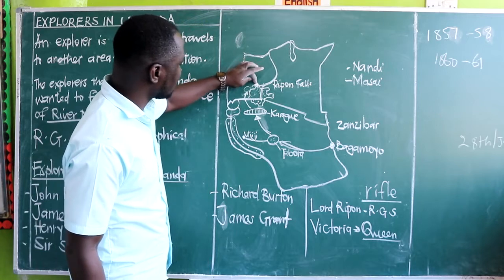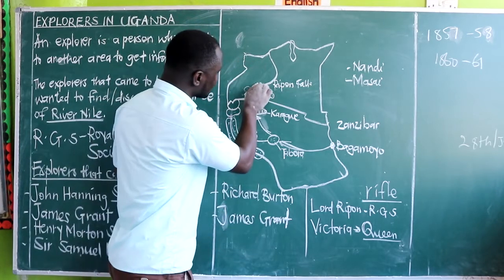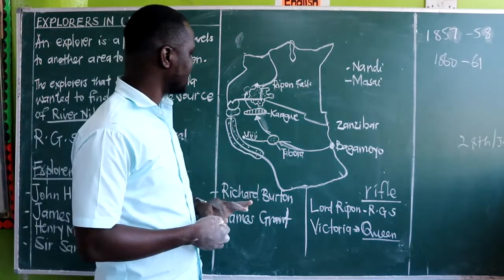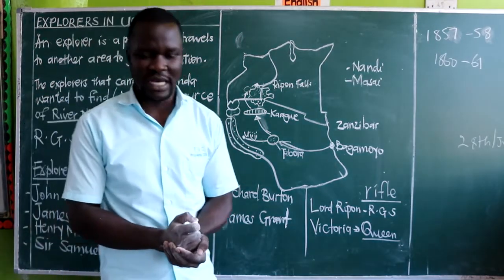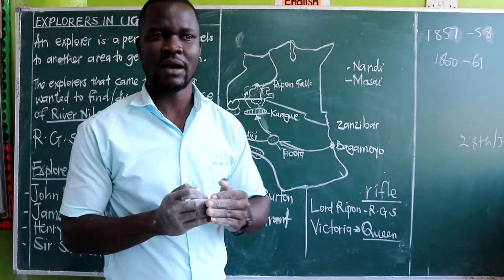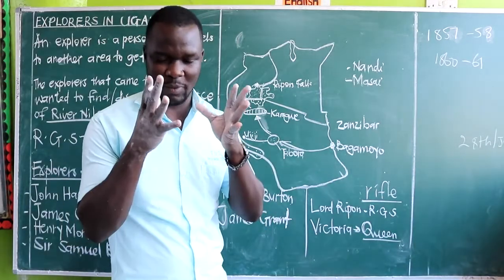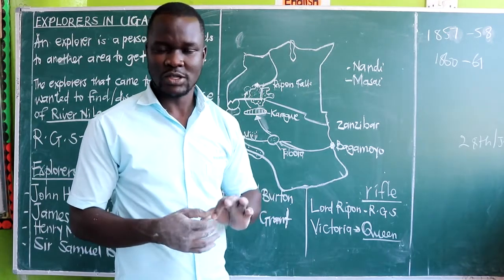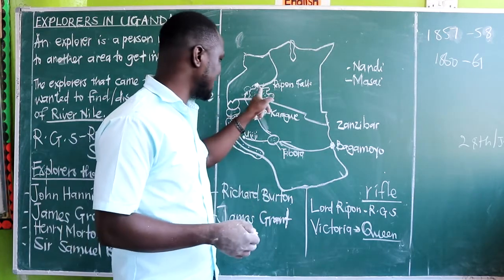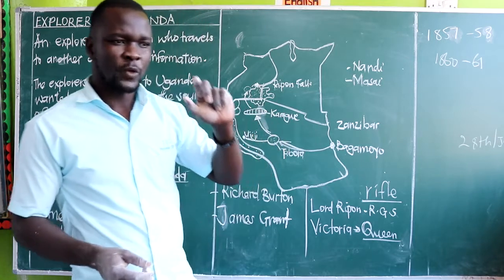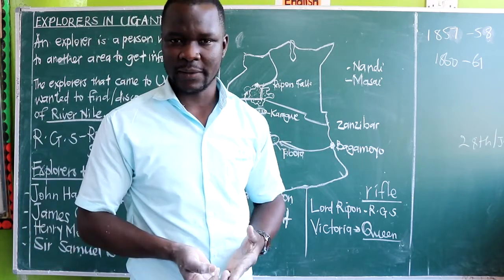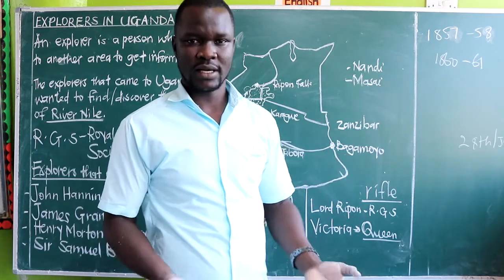Therefore, we have Speke reaching the source in 1862, and for that case we shall say that Speke became the first European explorer to see the source of River Nile in Jinja here. We are specific: we say he became the first European explorer, not just the first person.